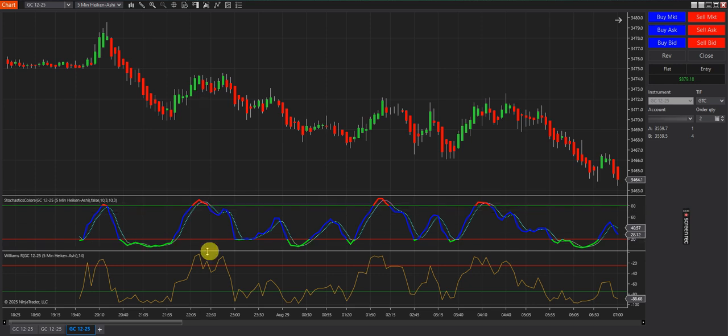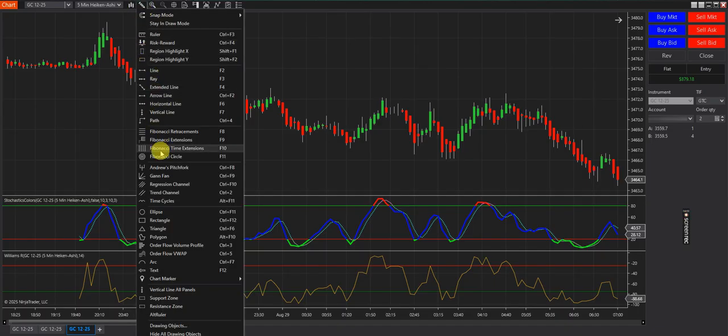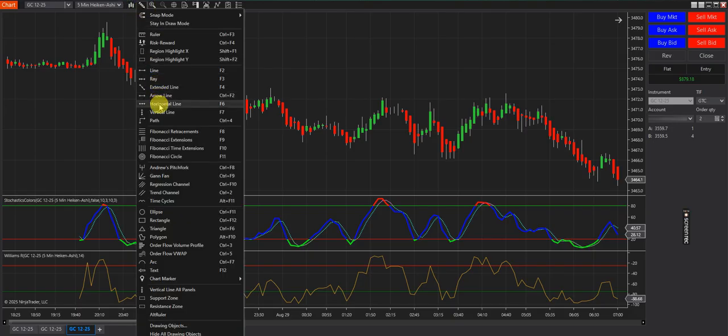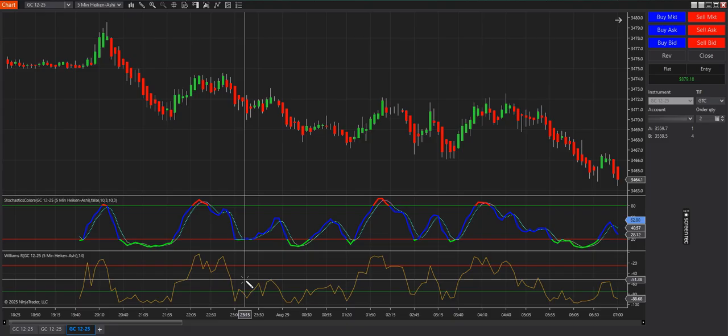Also, you have to look at the Williams R. One thing I forgot to mention, let me draw a 50 line on the Williams R. I need to draw a horizontal line, so let me go to horizontal line and draw it right at the 50 level.